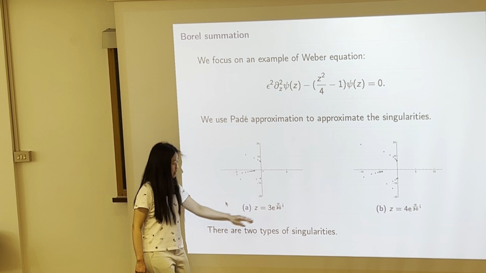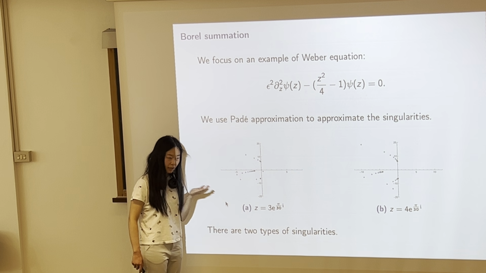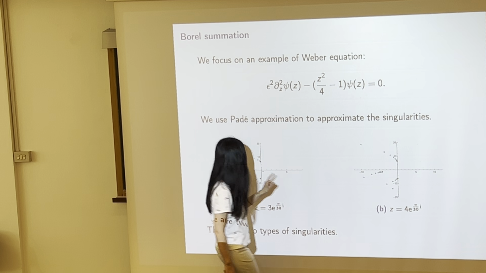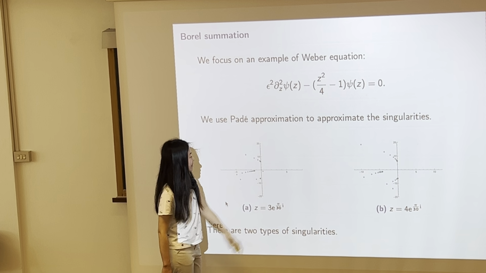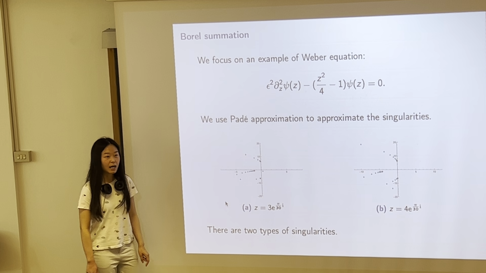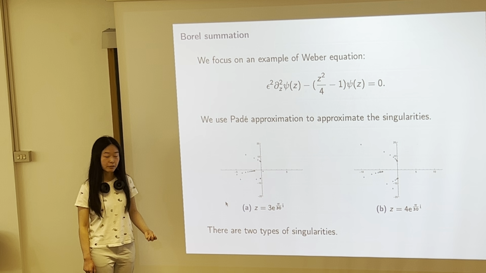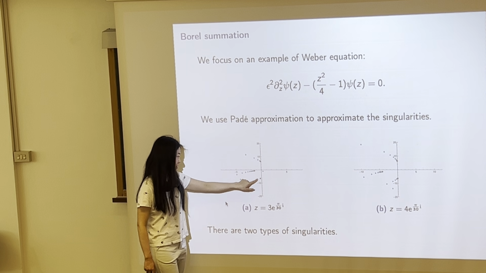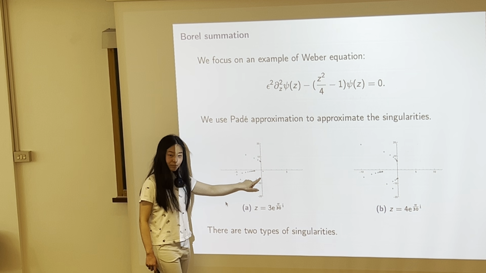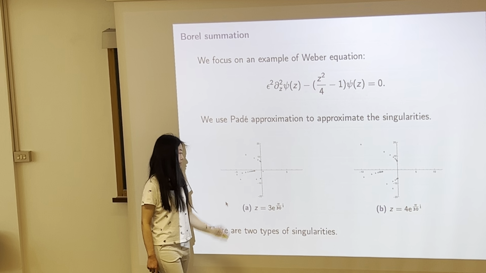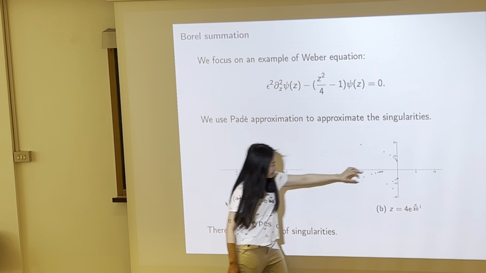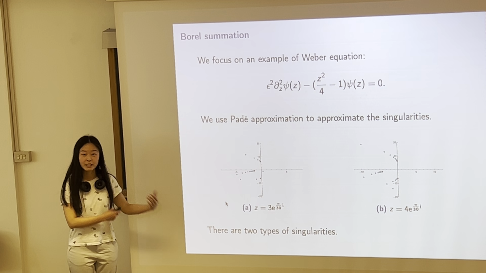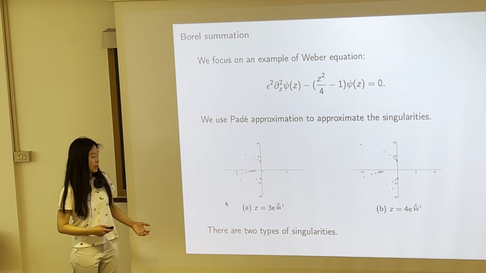If you move z, this variable in the space of your differential equation, their position changes, like from here it is closer to zero, and that one is further away. And there is another type of singularity, which are those two. Here I'm not using enough terms, so it seems to be a little off from the imaginary axis, but they are actually both on the imaginary axis, and they don't change positions when you vary z.